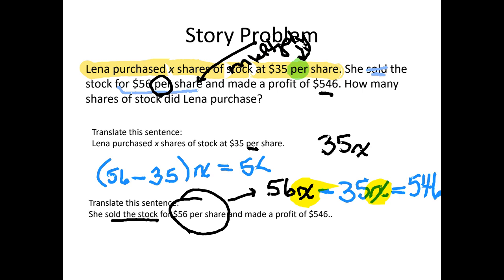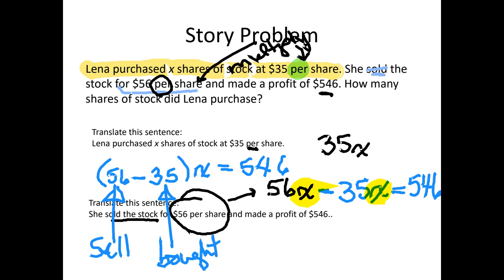This is what she's selling the stock for. This is what she bought stock for. We always subtract sell minus buy.